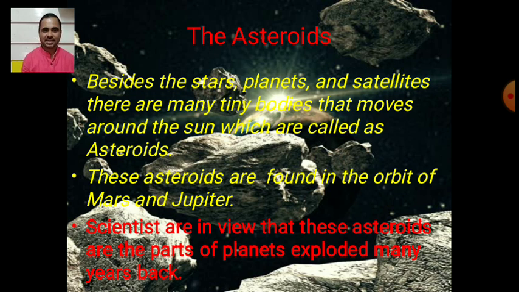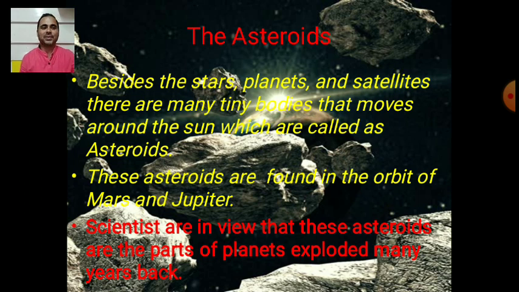Clear? Now see, these asteroids are also celestial bodies, but what is the difference? First, they are found between Mars and Jupiter. Second, they do not twinkle, their light is steady.